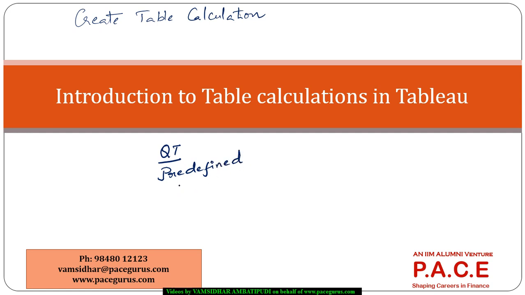They can be applied to any field that is numeric and used as a measure in the view. A list of quick table calculations is already predefined and available in that drop down. So I can do some of them.